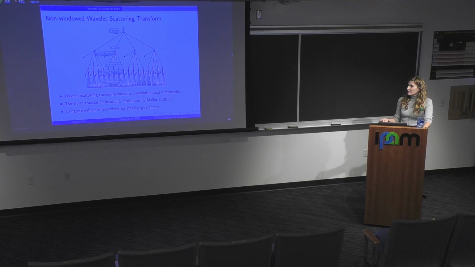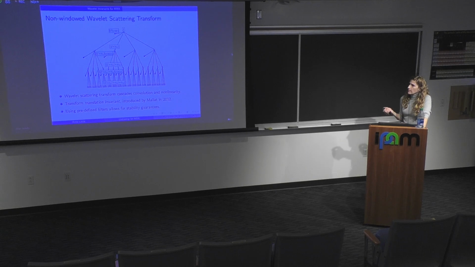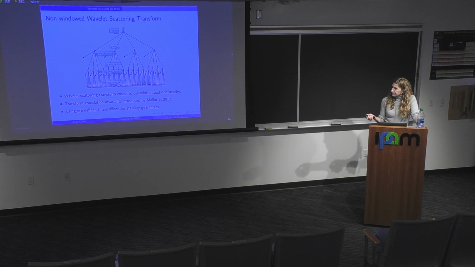The advantage is that you can prove stability guarantees when you know what the filters are, which you don't have in general for CNNs. These representations are translation invariant and were introduced by Mallat in 2012.